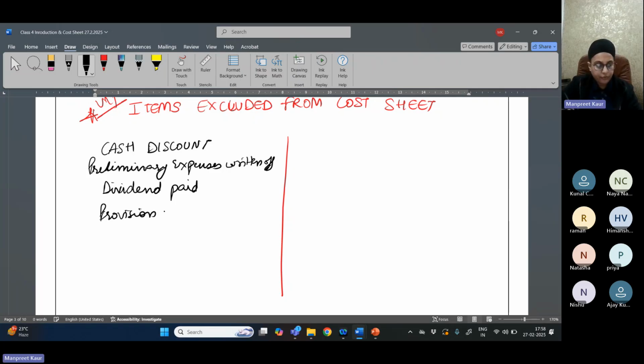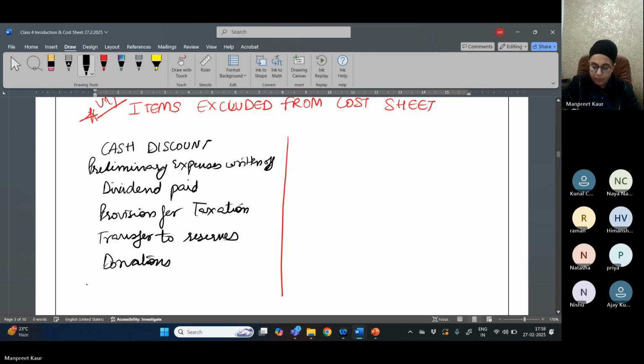Provision for taxation. Transfer to reserves. Donations. Profit and loss on sale of fixed assets.